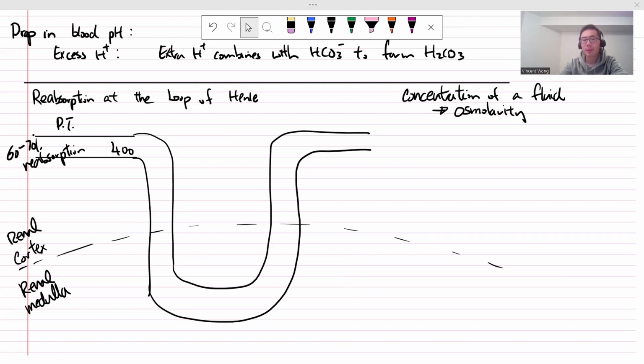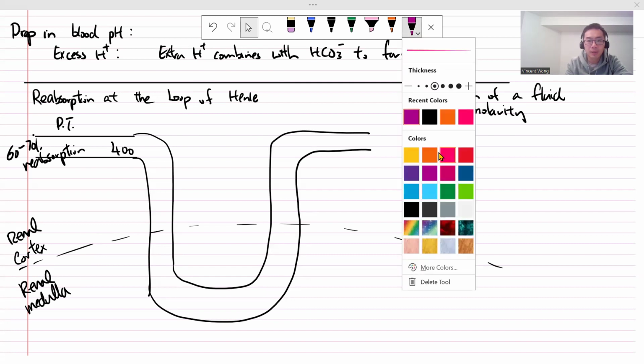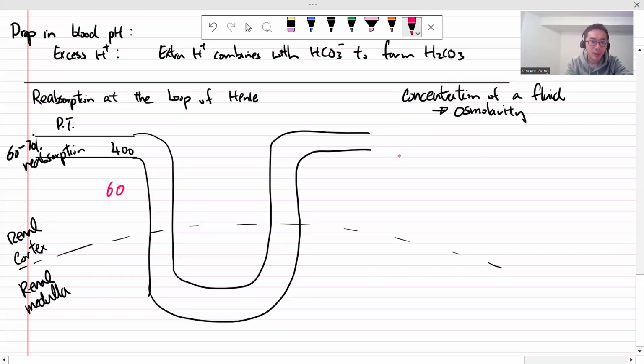So then, do you remember I tried to tell you the renal cortex and the renal medulla, which one is more salty? Renal medulla is more salty. That's right. So I'm going to use another color, like red, to show the concentration outside. Again, these numbers are just kind of random. I mean, they are close to the real thing, but don't get too hung up on them.